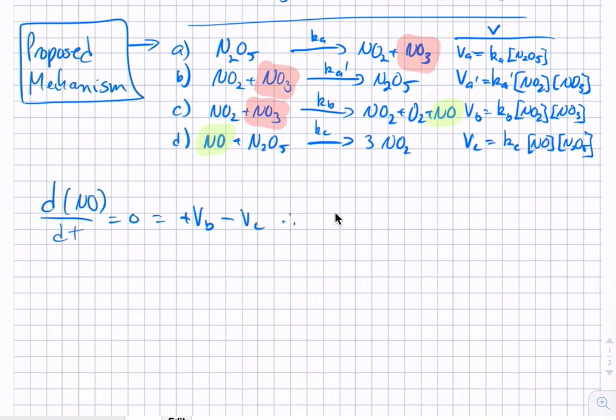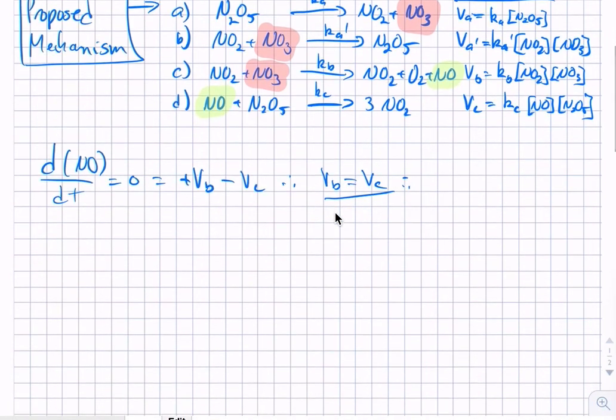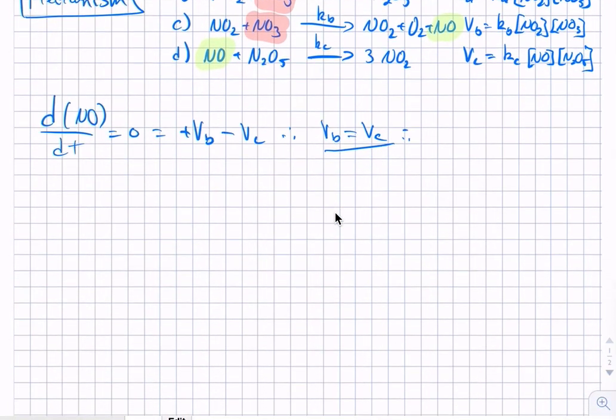Since this is equal to 0, we can say that VB equals VC. Therefore, the two rates will equal each other.